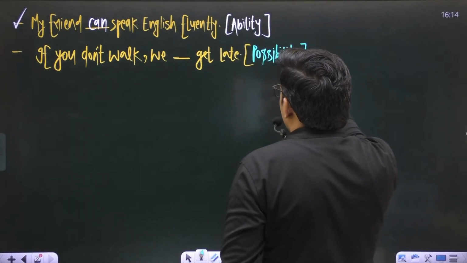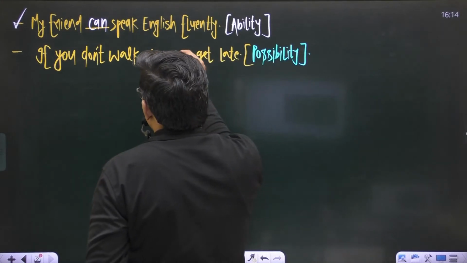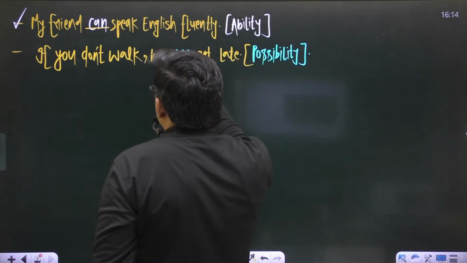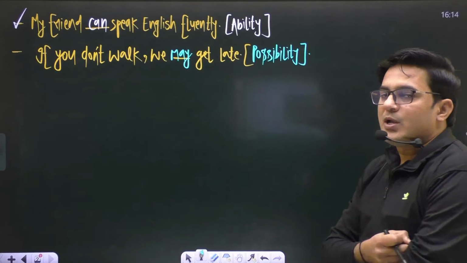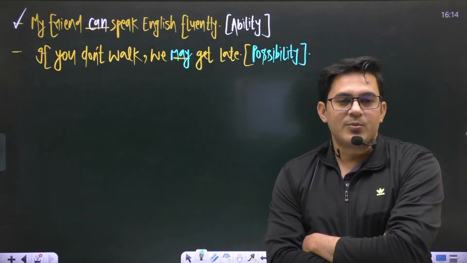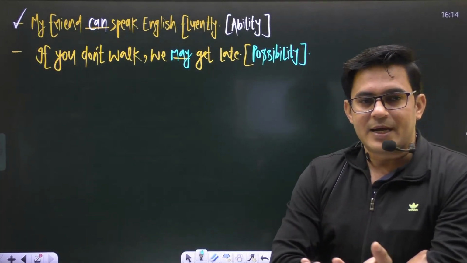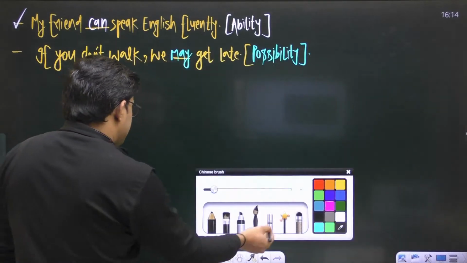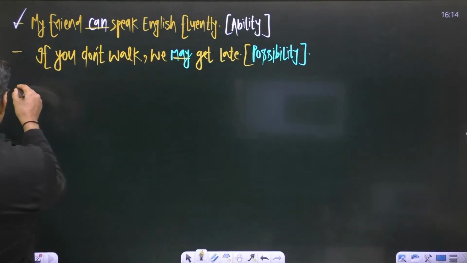So this is possibility in this sentence. And as we know, to show possibility, we use what? We use may, right? In the next sentence, may will be the right answer. Sentence will be like, if you don't walk, we may get late. Okay, move to the next sentence. You have to reply to this sentence.